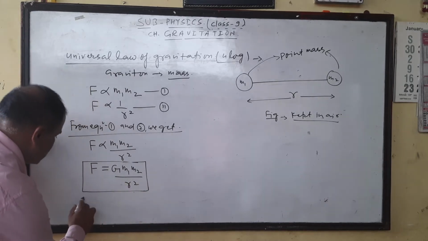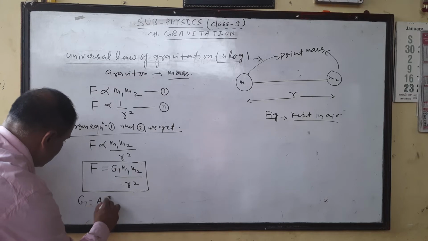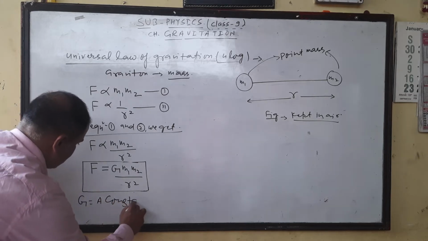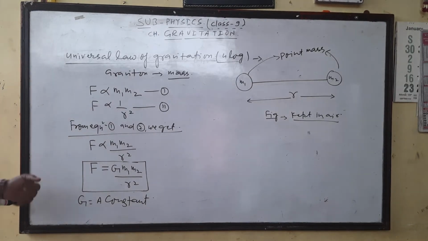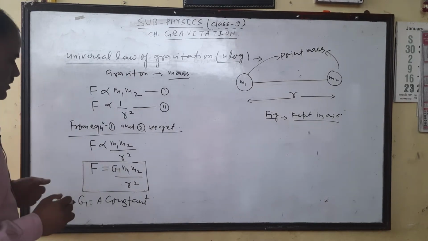Here G is a constant called the universal gravitational constant or Newton's constant.